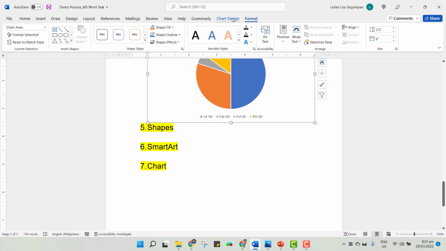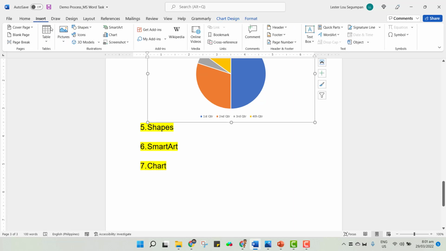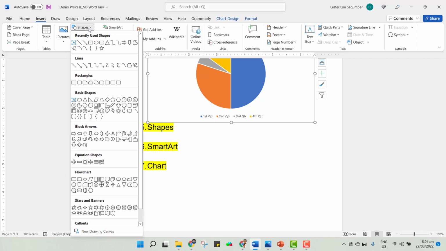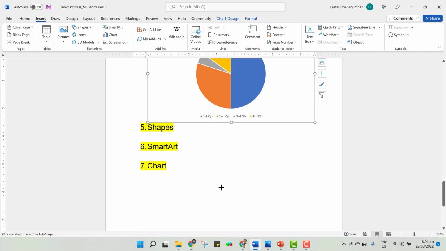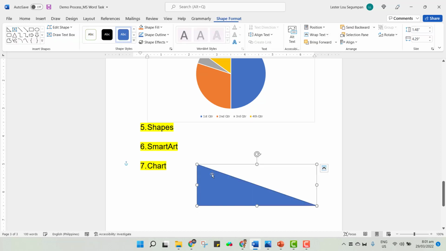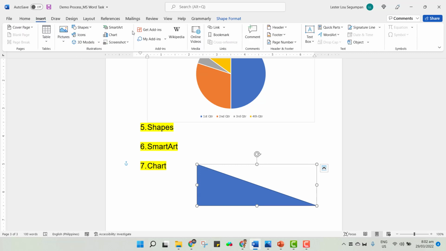You can also change the format for that. You could locate this again in Insert and Shapes. Why do I go back again to shapes, sir? Because you could always create here, especially for geometry, the right triangle, and you could insert a text box.